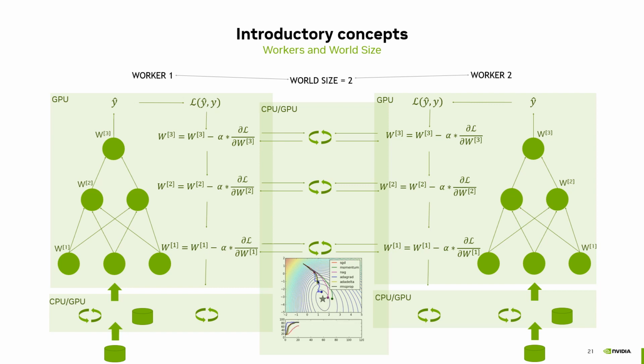In our case, in these deep learning models, each process will take care of training the model on a single GPU, so doing the forward pass and backward pass, and also the processing and queuing of the data. So we will have as many processes as GPUs we're using, and hopefully as many GPUs as you have available in our cluster. The total number of workers will be our world size.